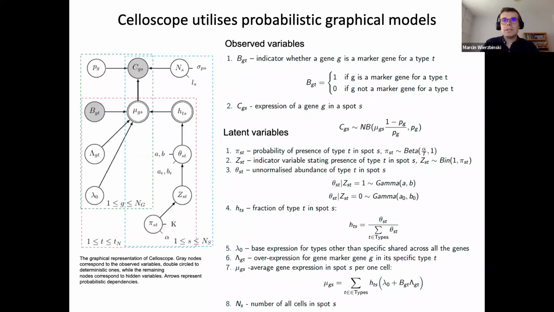So that is the a priori assumption for our input data. We have two inputs for our model: the expression level C_GS and beta, B_GS, which carries the information about whether a gene is a marker or not.